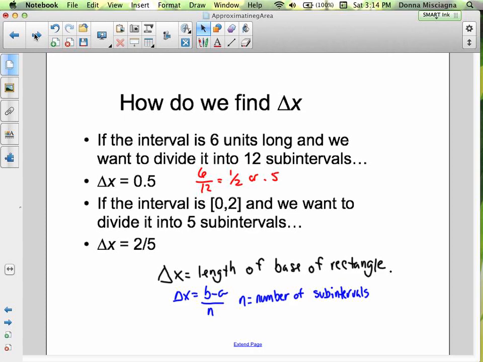If the interval is from 0 to 2 and we want to divide it into 5 subintervals, we take the change in x there and divide it by the number of subintervals. So change in x is the length of the base of the rectangle. To find change in x, we take the larger x value minus the smaller x value, the end of the interval minus the beginning of the interval, and just divide it by the number of subintervals. That's all there is to it. It's so simple.